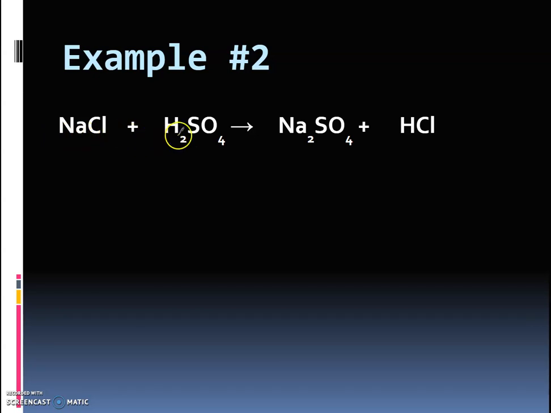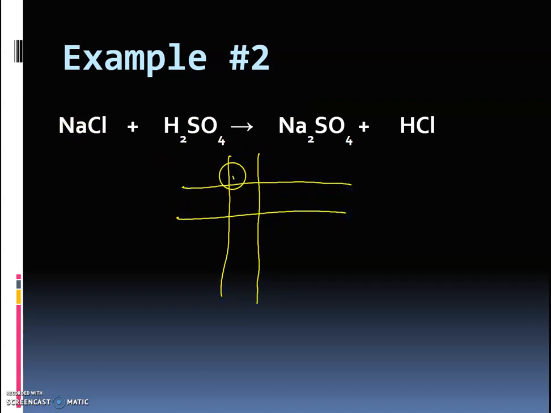You have NaCl plus H2SO4 gives us Na2SO4 and HCl. You have the same elements on both sides, so under the yield sign, make your tally. Every capital letter is a new element. So I have Na, I have Cl, I have H, and then do you recognize SO4?